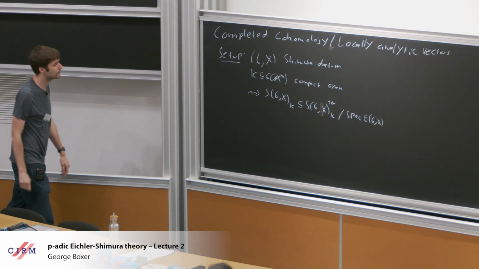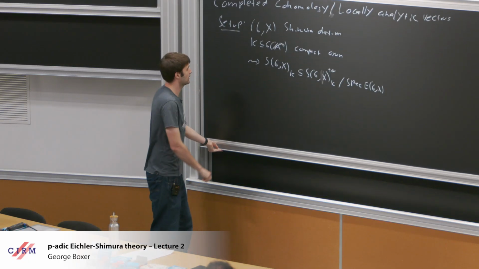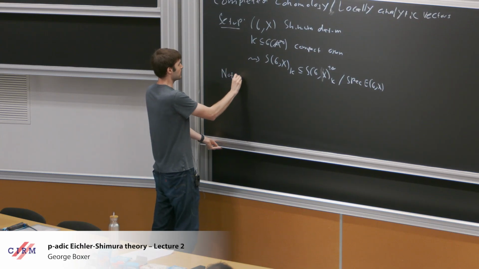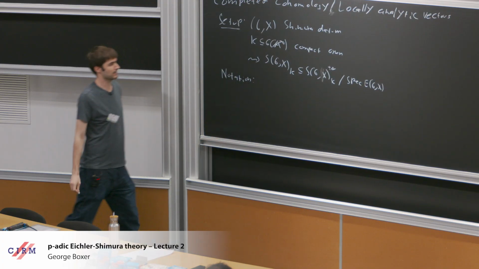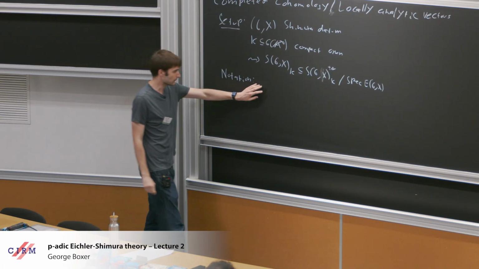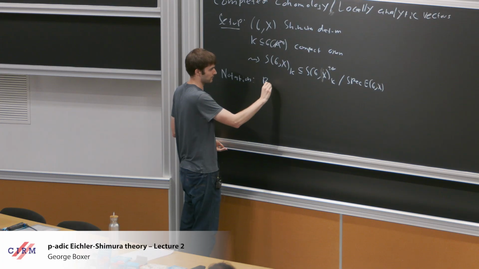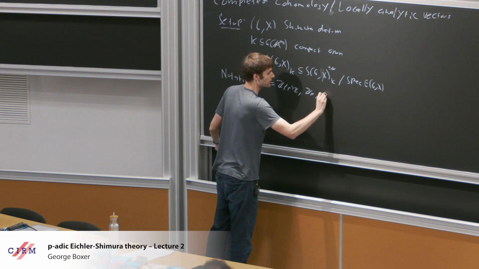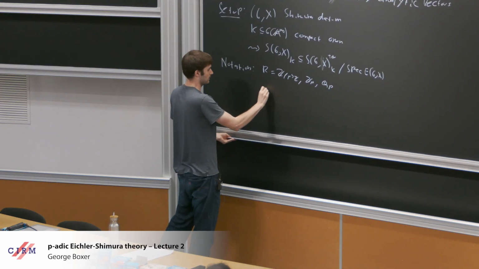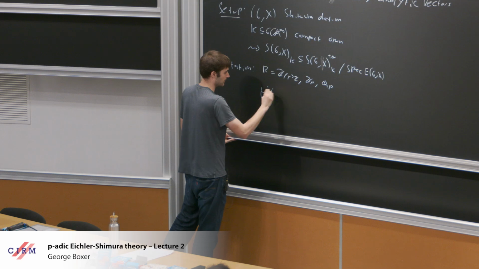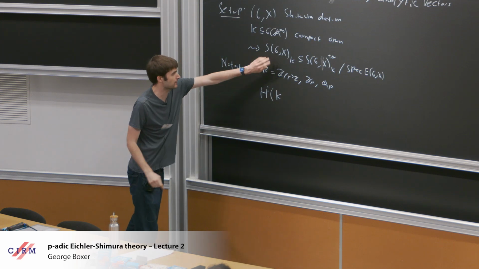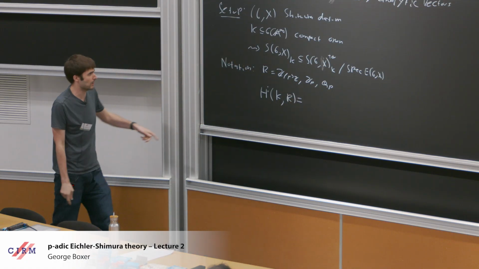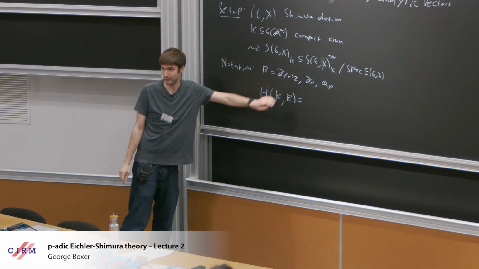Okay, so let me introduce some notation, and then I'll define what is completed cohomology. So the notation I want to use, just to lighten things a little bit, is for R one of Z mod p^s, Z_p, or Q_p, I'm going to define H^i(K, R), where K is one of these levels, as just the cohomology of the open Shimura variety with these coefficients.